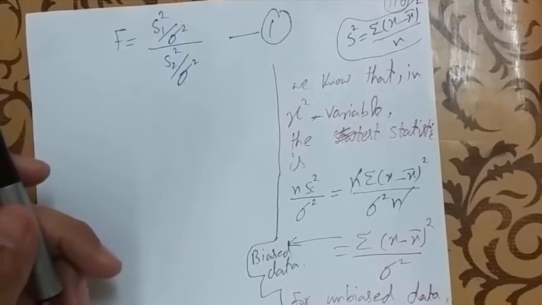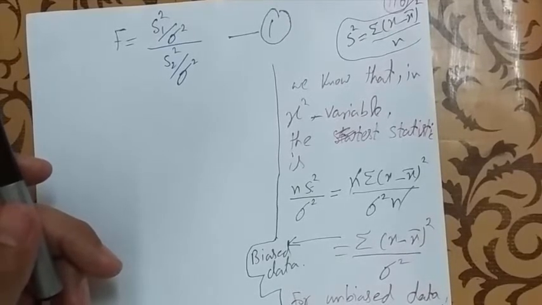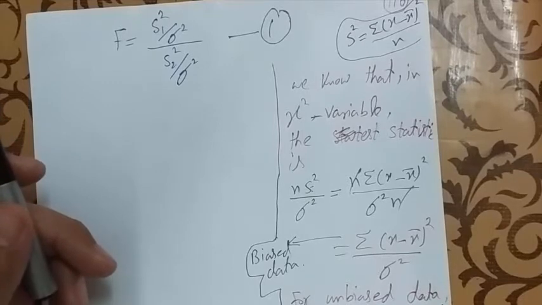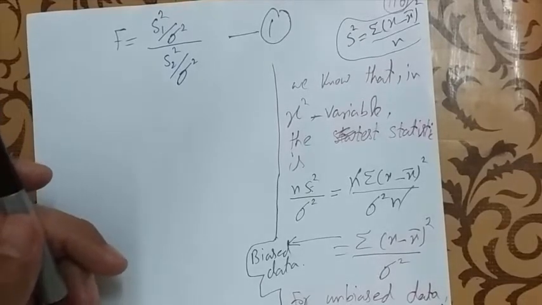Now we are using this relation for unbiased data, because as already explained, for the F distribution we always use the unbiased estimate. So we use this relation.